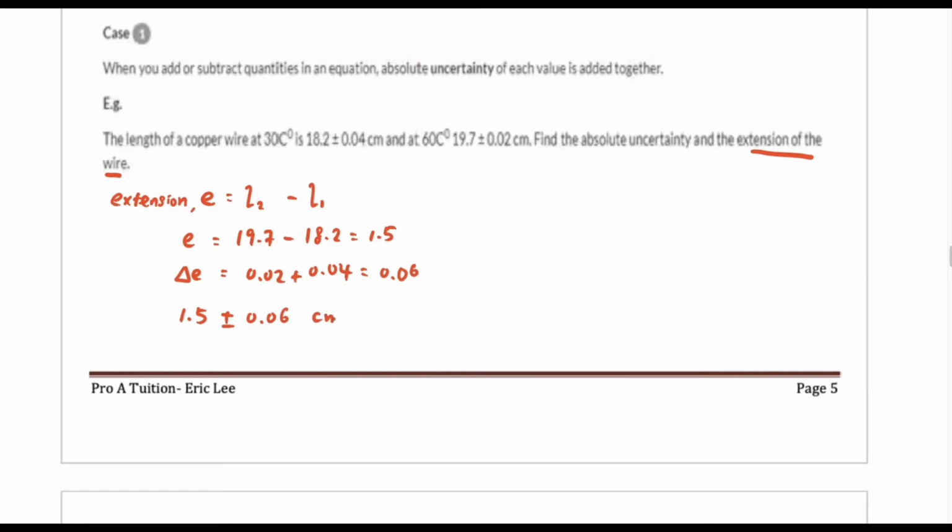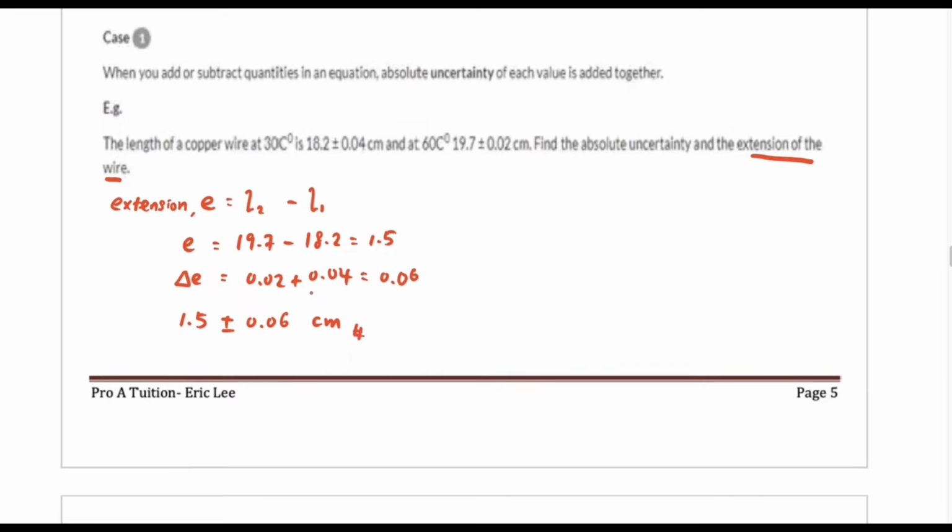From here, you can see the actual values we subtract, but the errors we add up. So that is the idea, the first technique. Now let's continue.